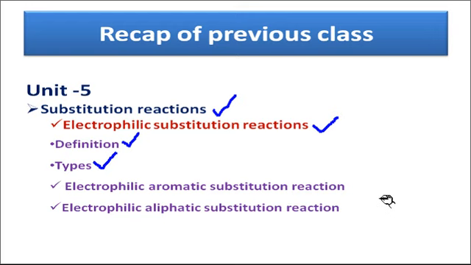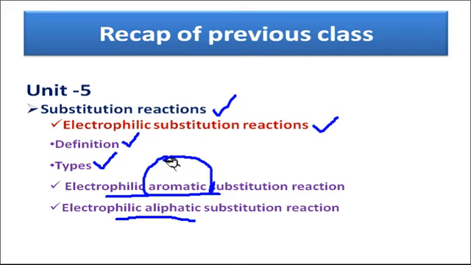We discussed that electrophilic substitution reactions are of two types, electrophilic aromatic substitution and electrophilic aliphatic substitution. Electrophilic substitution reactions are the characteristic reactions of aromatic compounds, so these are very important reactions that we discussed in our previous class.